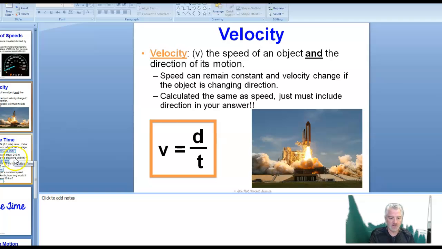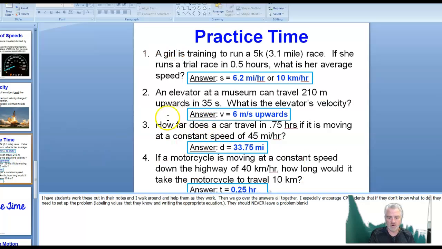For example, if we look at question number 2 here, an elevator in a museum can travel 210 meters upwards at 35 seconds. What is the elevator's velocity? So velocity is distance divided by time, so you divide 210 by 35, which equals 6 meters per second, but you also want to include the word upwards on that. Okay, so that's important that you do that.